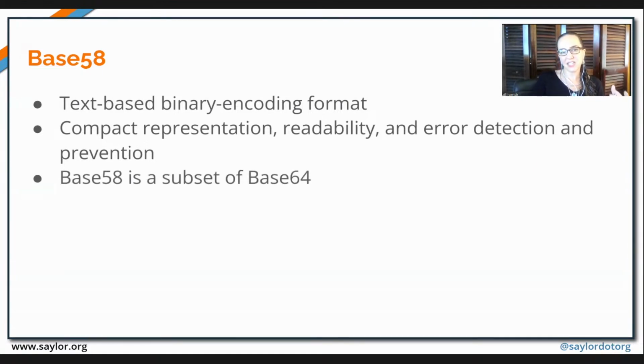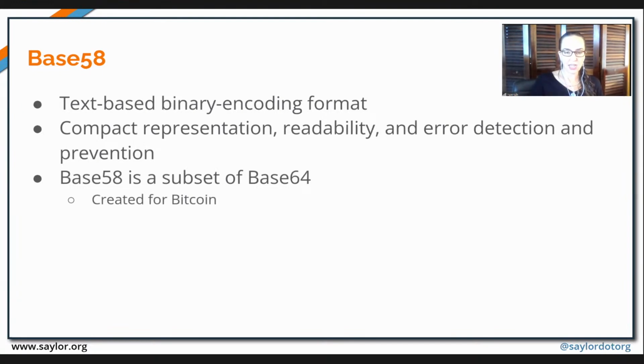And this is a subset of base 64. Base 64 is a data encoding format that's been in use for a while. We'll see it in some of the private key formats, and we're going to see some base 64 here today. Base 64 existed and was used long before Bitcoin, but base 58 was created specifically for Bitcoin.